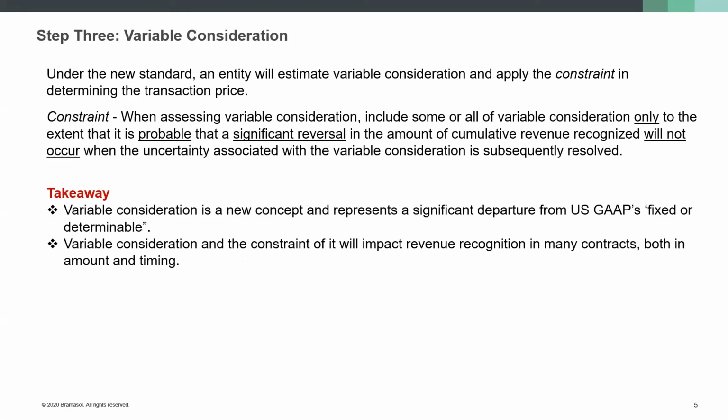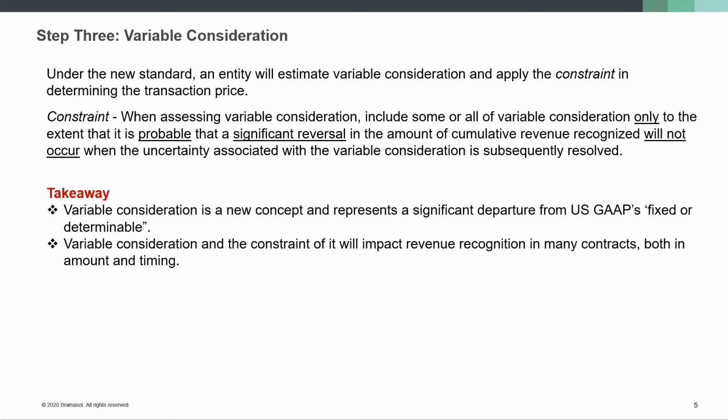So when we talk about variable consideration, and we just mentioned that it's an estimate, meaning that you have to make an estimation at the beginning of the contract, even before the contract begins. There's also another concept within the variable consideration process, which is a constraint.